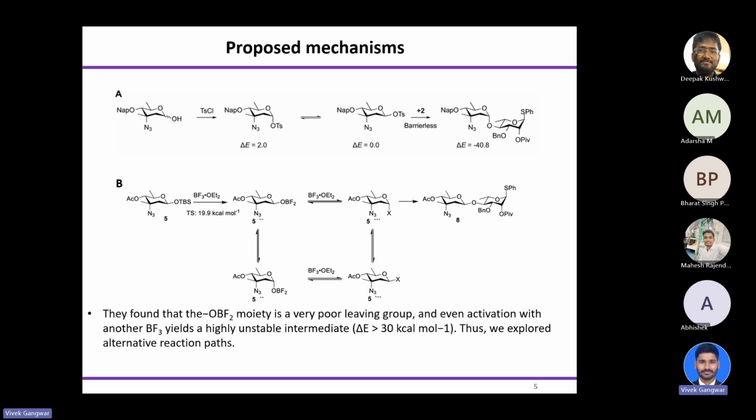So another BF3 activates this 5, then gets 5 triple dash, then this converts in equilibrium with alpha and beta. Same SN2 pathway, again the acceptor attacks on that and gives beta selective compound 8.